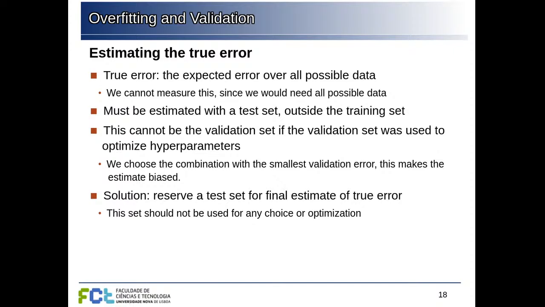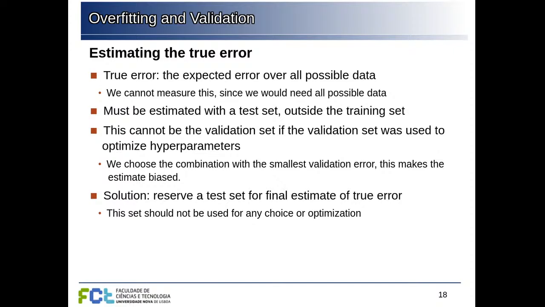So the true error will be the average error over all the possible data, all the examples we are going to meet in the future, but we obviously cannot measure this because we don't have all possible data. We just have the sample that we are using.